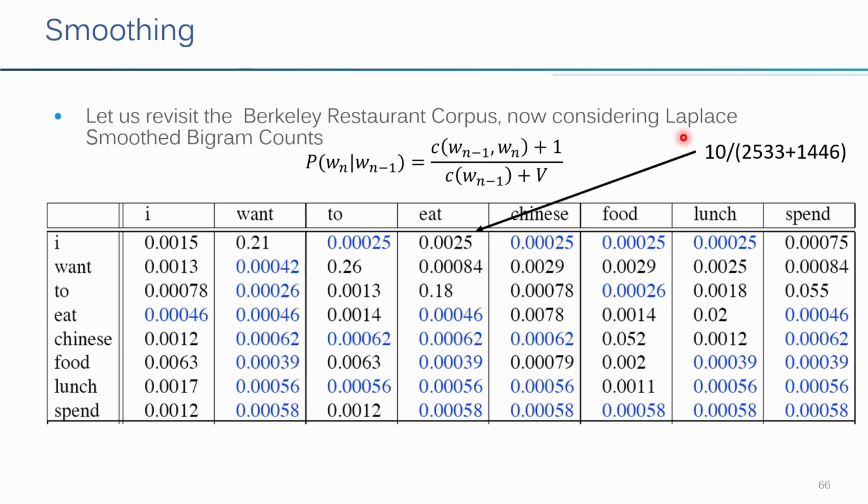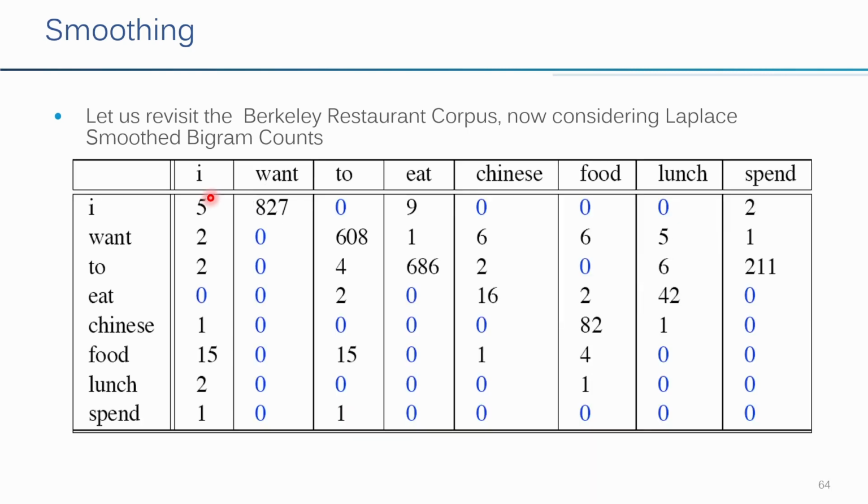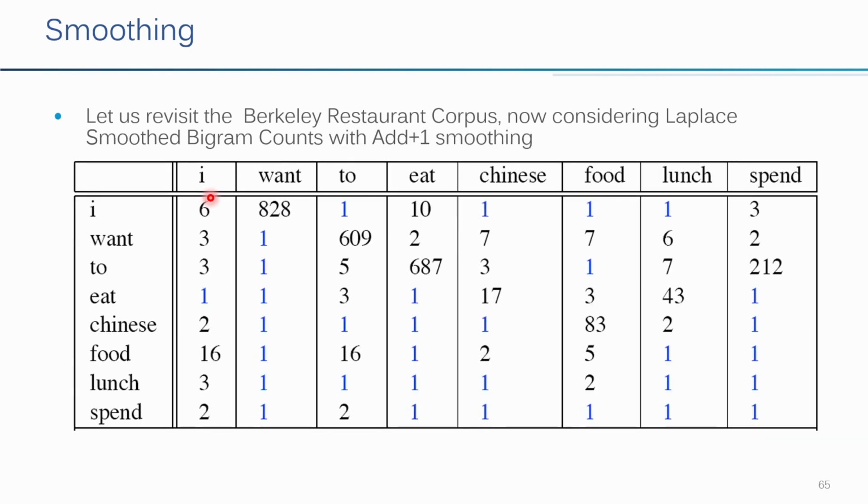And then after we add 1 to every single element in this co-occurrence matrix, we have to recalculate the probabilities, simply because now we are considering more words in our vocabulary. So the probability that we had before, in this case right here, for "I want" was 828, and before it was not that, it was 827.